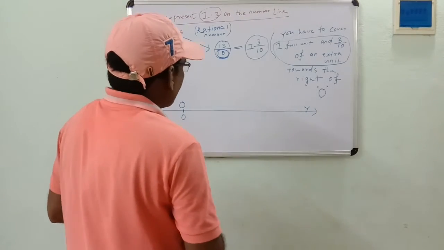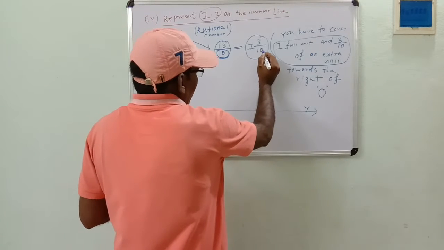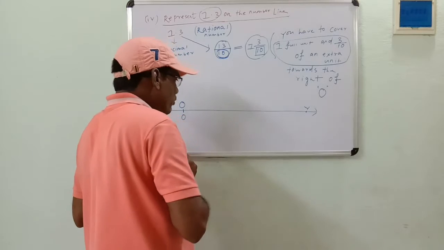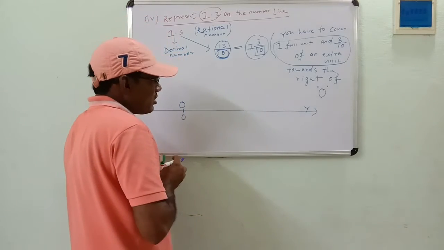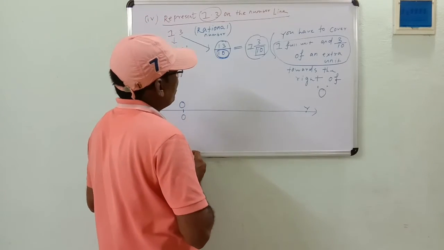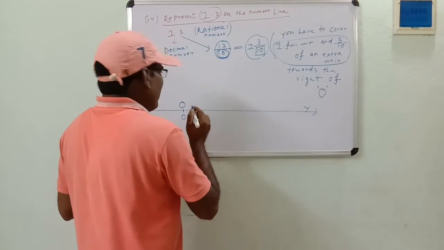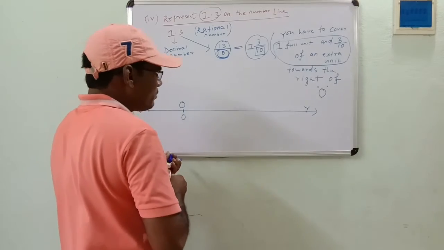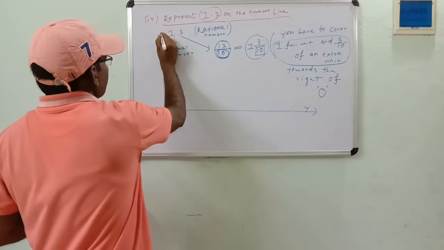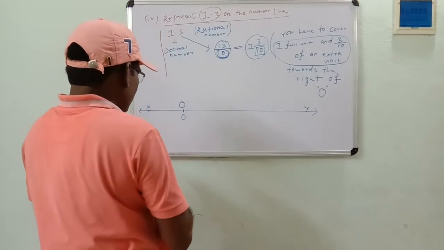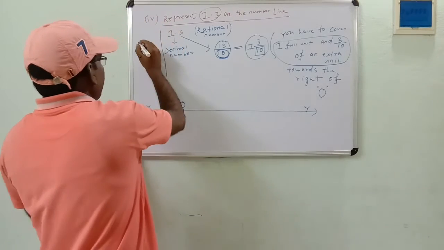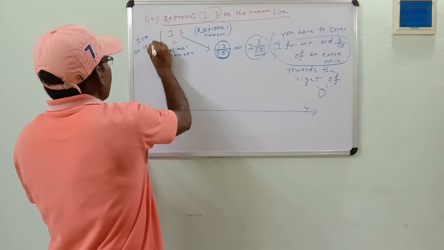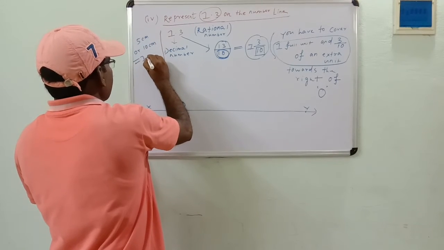Now, as the denominator here is 10, you can take either 5 cm distance or 10 cm distance as the unit length.